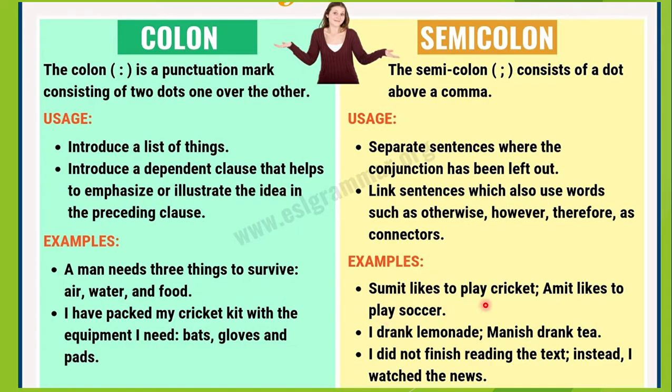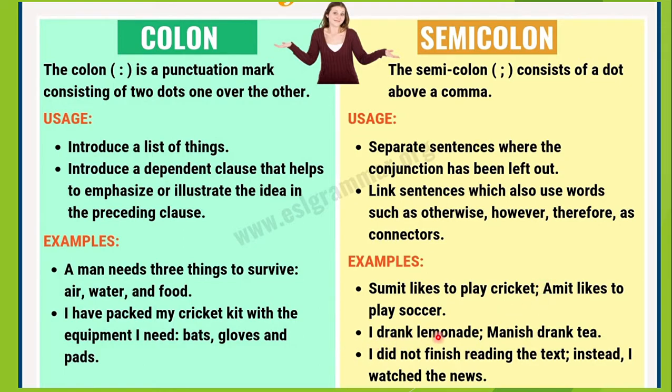Sumit likes to play cricket; Amit likes to play soccer. Instead of the semicolon, I can put the conjunction and. Sumit likes to play cricket and Amit likes to play soccer. But nobody put the conjunction and, so the conjunction and was removed and we added the semicolon, okay?